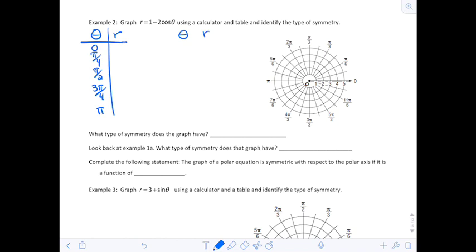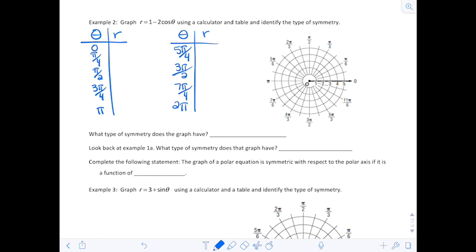And then we're going to have to continue this over here. And we're going to have 5 pi over 4, 6 pi over 4, which is 3 pi over 2, 7 pi over 4, and 8 pi over 4, which is 2 pi.